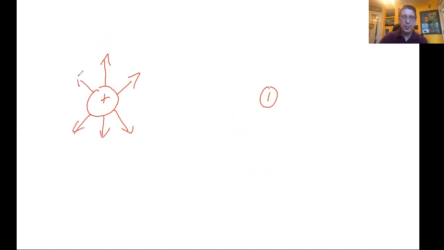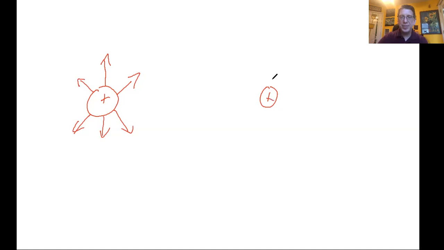But what happens if you have two like charges? Now remember, field lines can't cross each other. So you start with positive charges, and it works the same with two positive as it does with two negative. You're just changing the directions of the arrows.